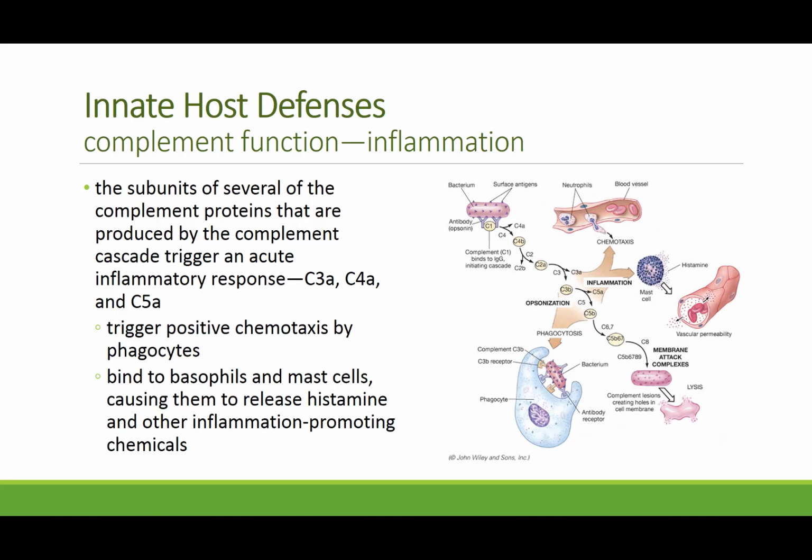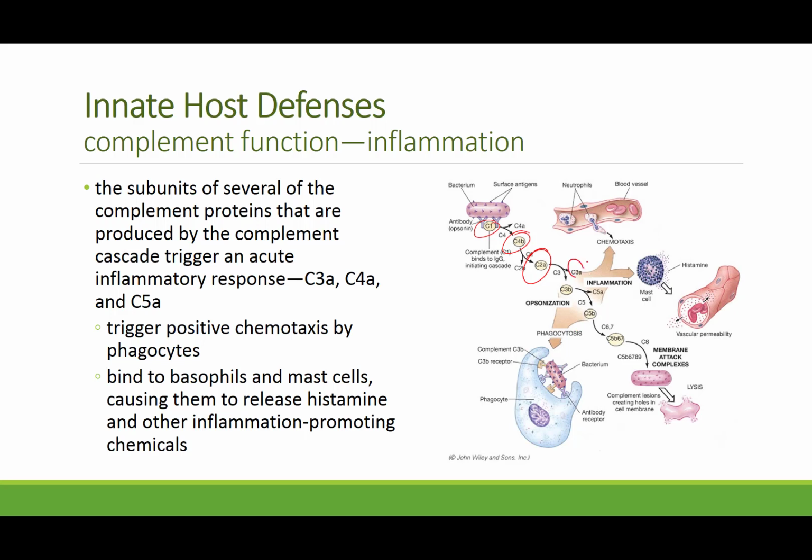Okay, so that's opsonization. The second is that the complement pathways can trigger inflammation. So once again, we have C1 binding to the antibodies. That then creates C4b as we split up C4, which then is an enzyme that makes C2a as we split up C2, which then acts as an enzyme to split up C3 into that C3b that we've talked about already, and C3a.